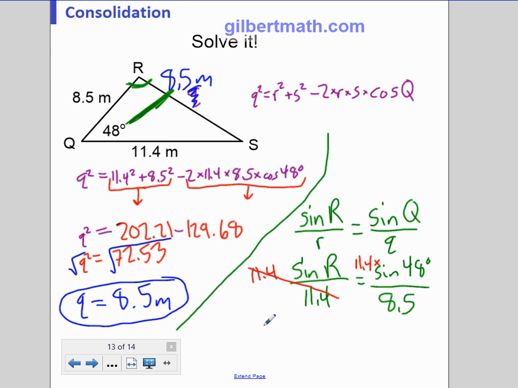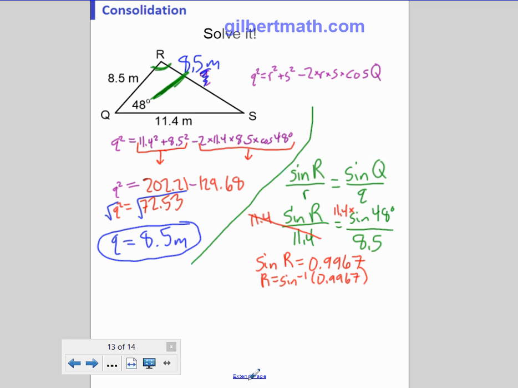I get that sine of R equals 0.9967. And from here, R equals inverse sine, or sine negative 1, as many of us say, of 0.9967.